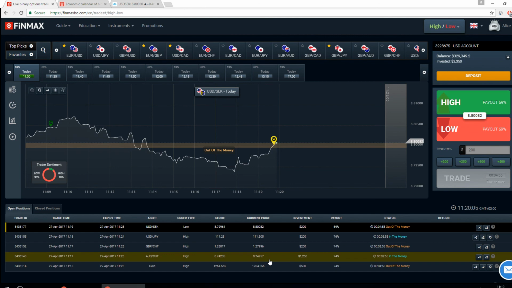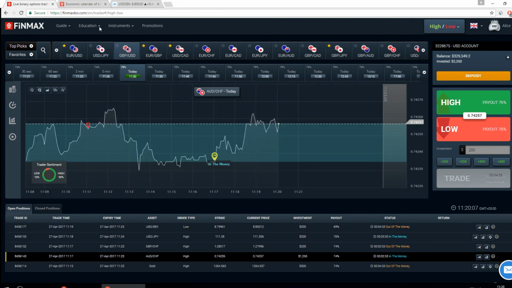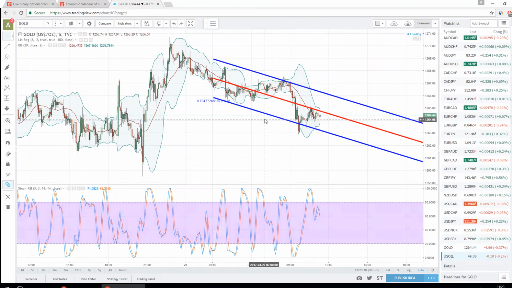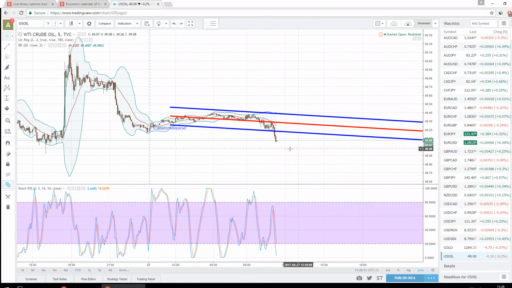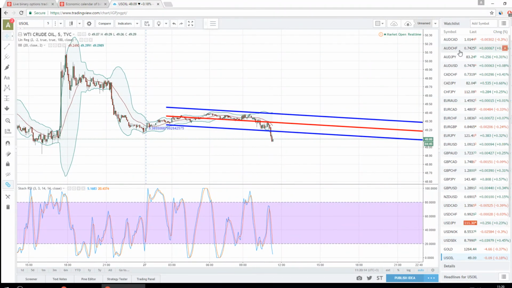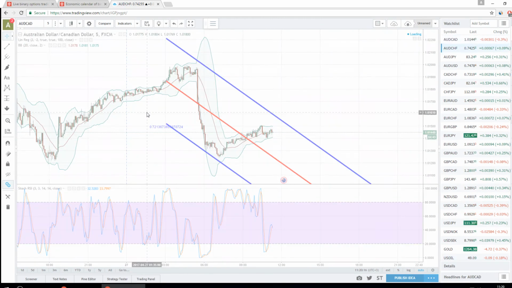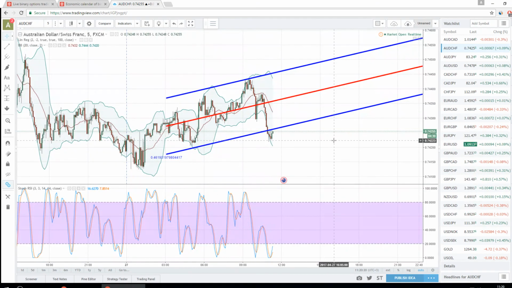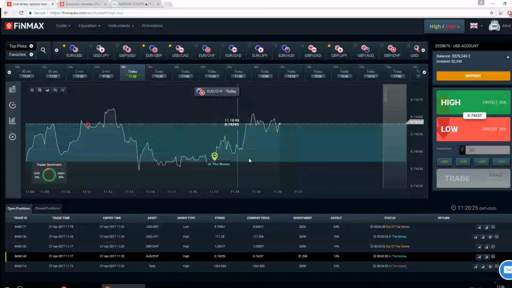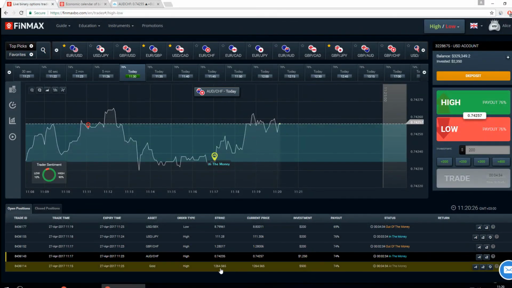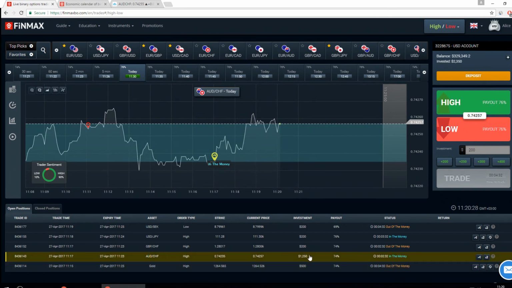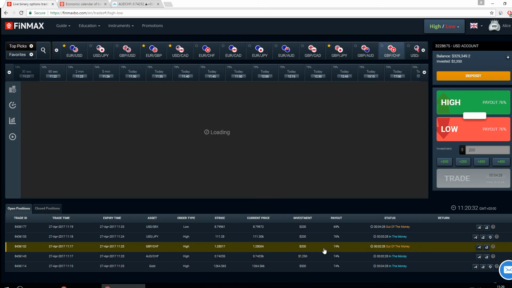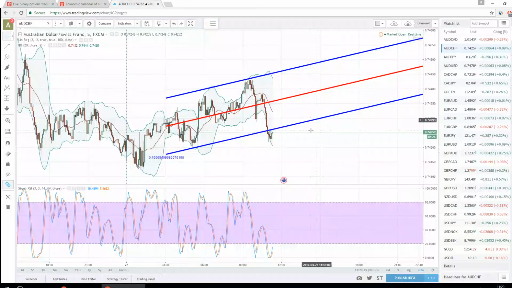The closest expiry time is in 3 minutes, so we have time to check for other assets to see if there is any interesting situation to enter. So here I also see Australian to Swiss franc, but we still have one trade open with a pretty big amount, so I won't enter the next trade, probably later.